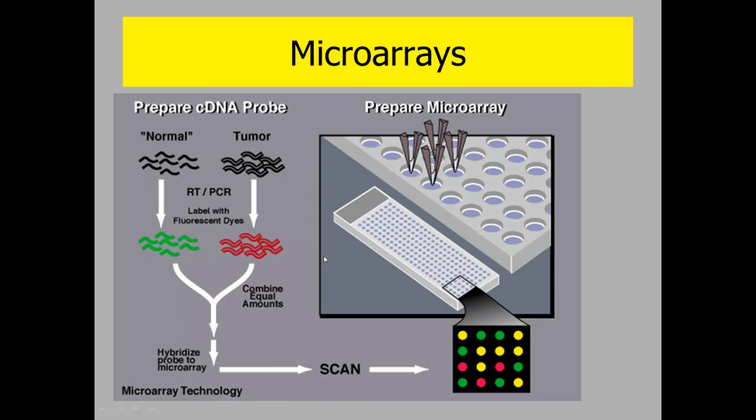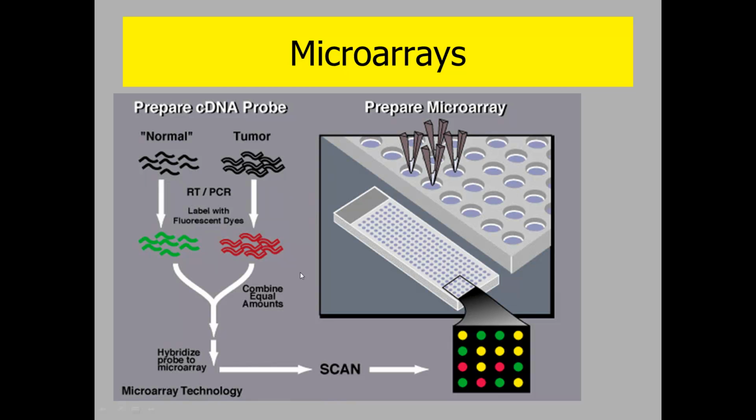And then you're going to create probes. The probes in this case are genes that are differentially expressed in two different tissues. So you can have a normal tissue or you can have a tissue from a tumor. And the tumor is presumably making a different group of genes and gene products than the normal tissue, and that's why it's a tumor.